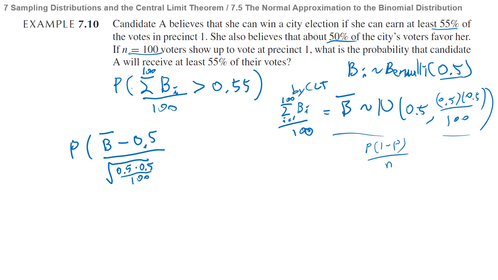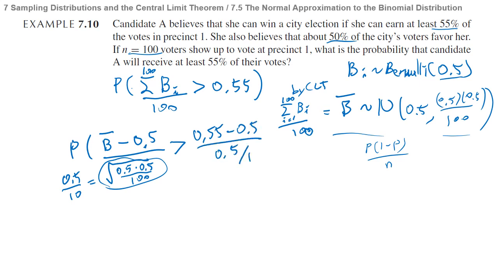And actually the square root of this thing is 0.5 over 10. Okay, so (0.55 minus 0.5) divided by 0.5 over 10. Okay, and so this probability, we can approximate this term as Z.